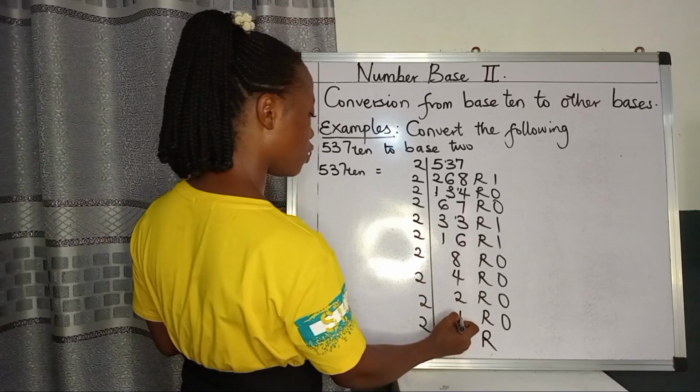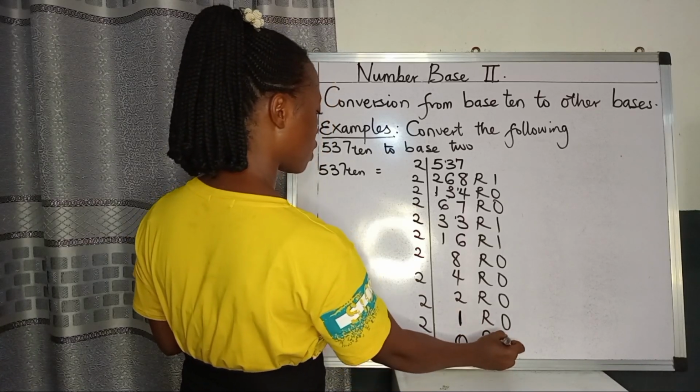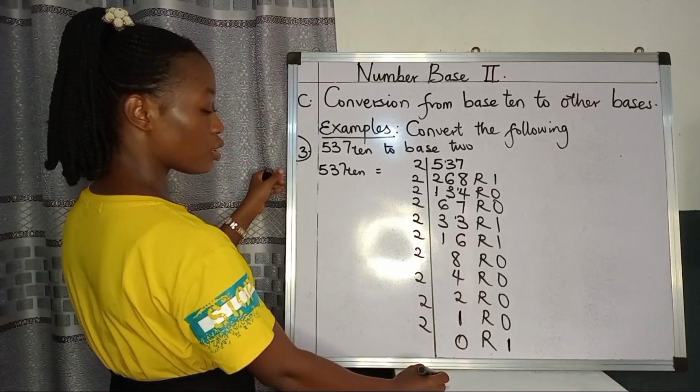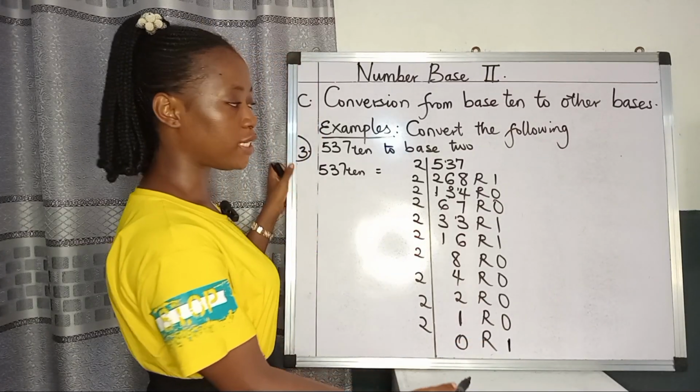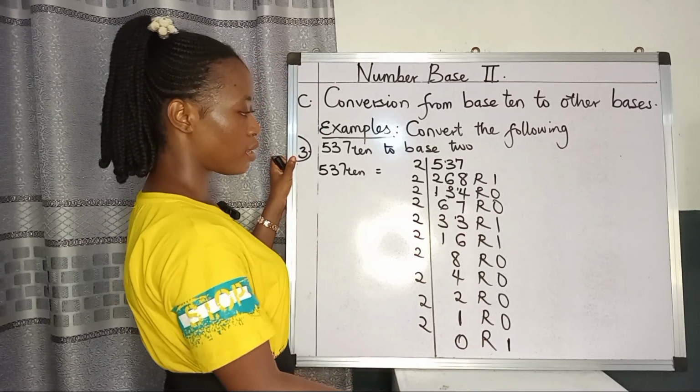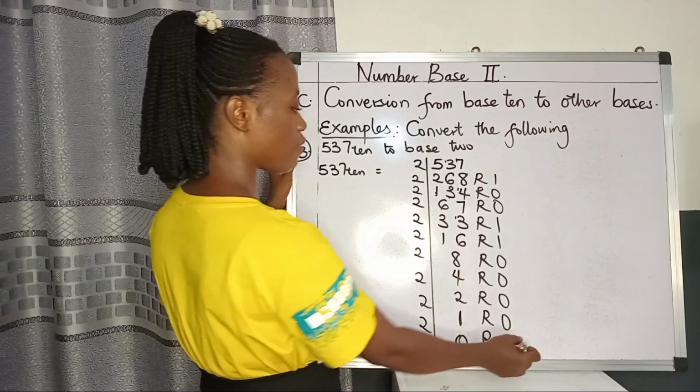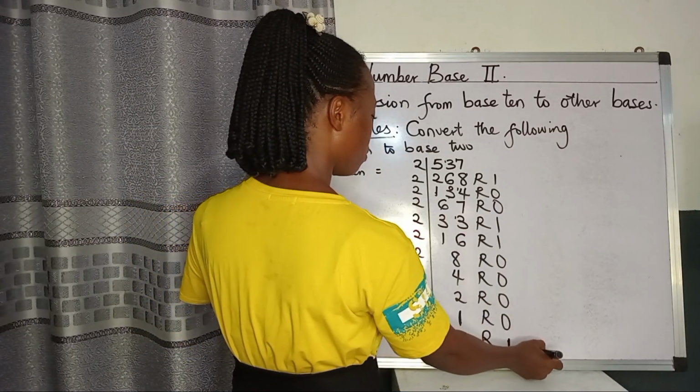Then you move your 1 to the right, okay? In other words, you must arrive at 0 remainder 1 finally for you to get your answer. And remember, your answer goes all the way from down to up.